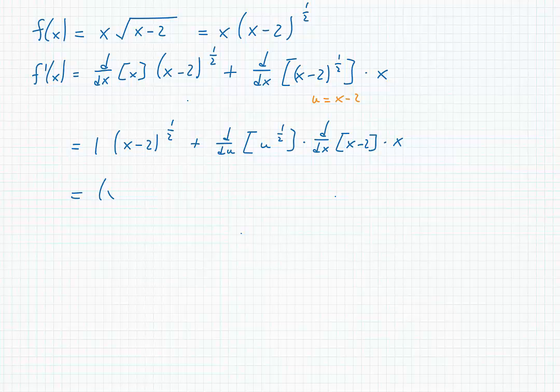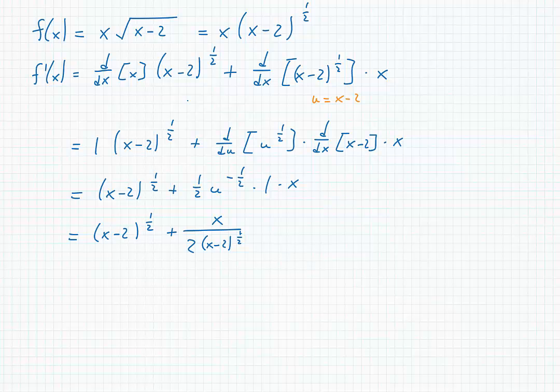So we're going to end up with (x minus 2) to the 1/2 plus 1/2 u to the negative 1/2 times 1 times x. Or if I clean it up a little bit, I get (x minus 2) to the 1/2. Then I'm going to have plus x over 2 (x minus 2) to the 1/2.